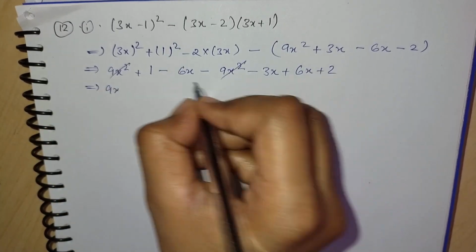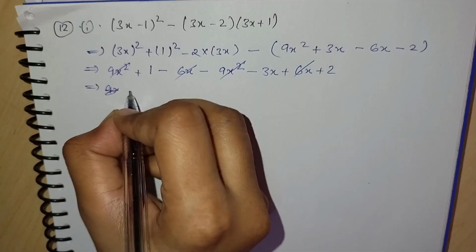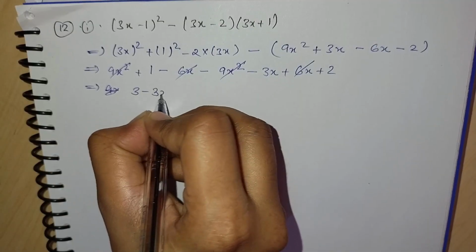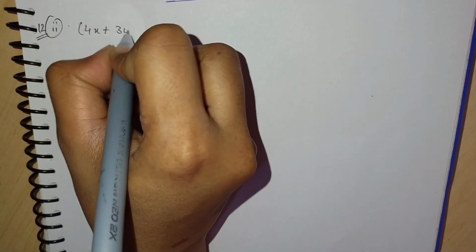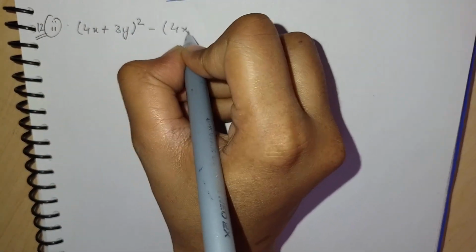On cancelling out the 9x² and 6x, we will get 3 − 3x as the answer.